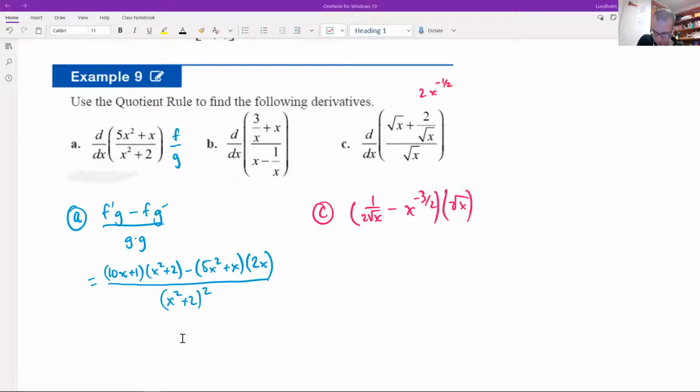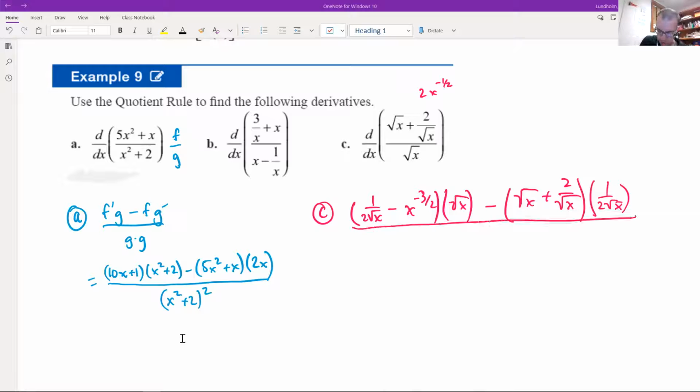Then we would have the square root of x for the bottom. We would subtract the top, which is just itself, times the derivative of the bottom. And the derivative of the bottom will be 1 over 2 square roots x, all over the bottom squared, which is the square root of x squared.